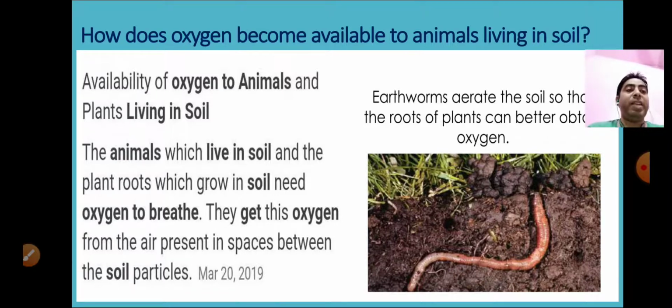They move inside the soil, make pores in it and let air in. That oxygen is taken by plants, and by other living organisms, small insects and animals that live inside the soil, who utilize it.